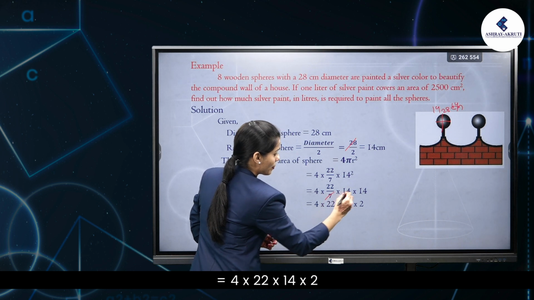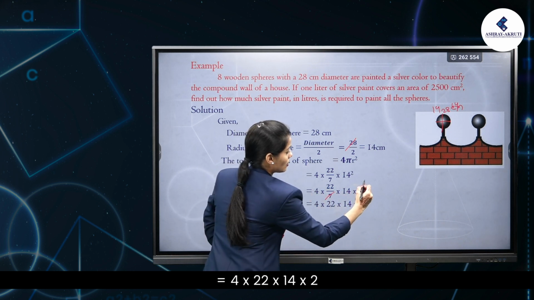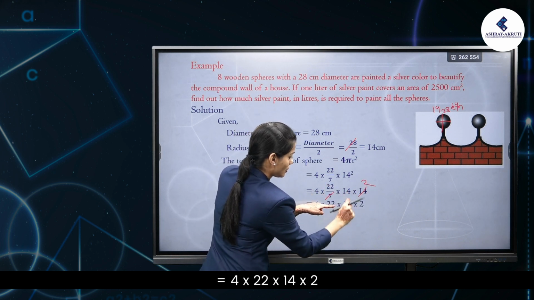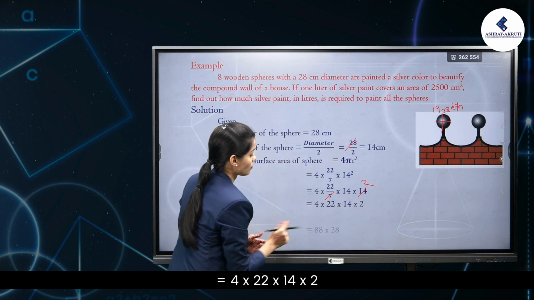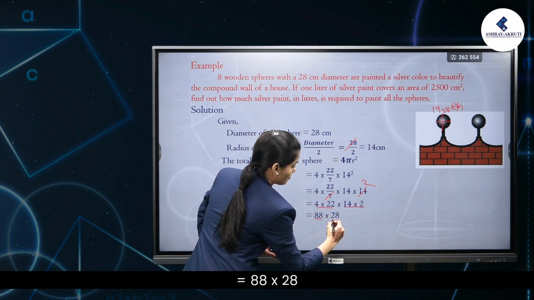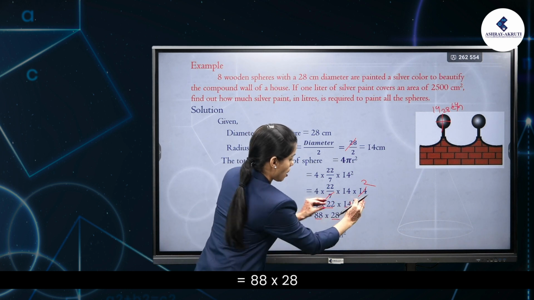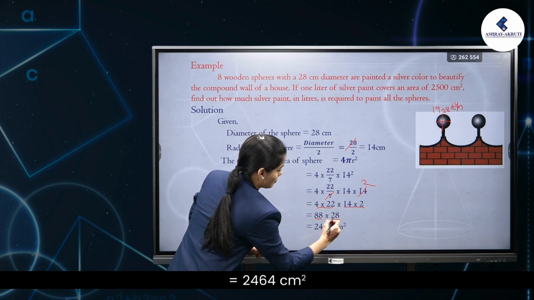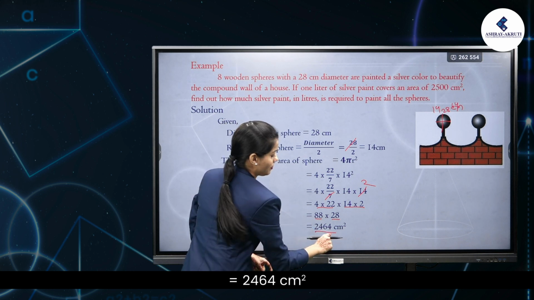is equal to 4 into 22 into 14 into 2, is equal to 88 into 28, is equal to 2464 centimeters square.